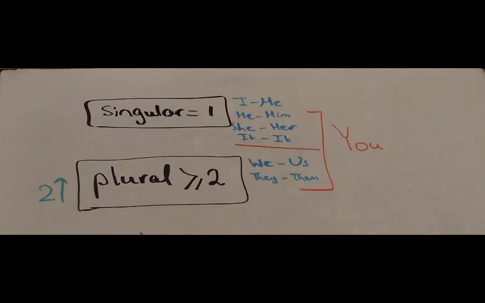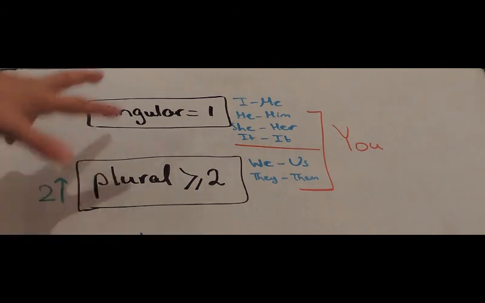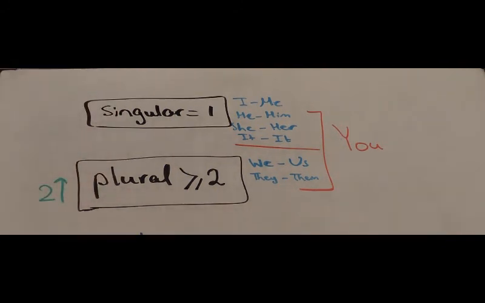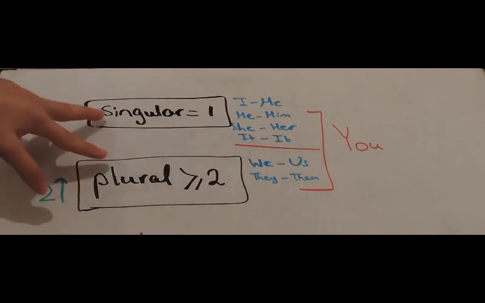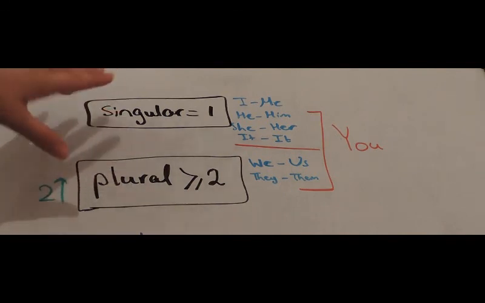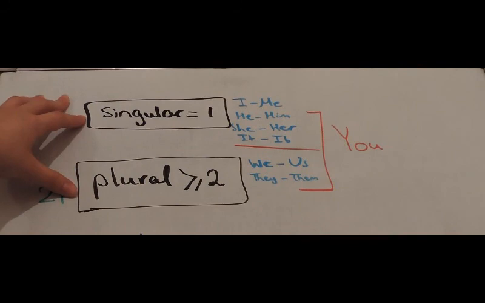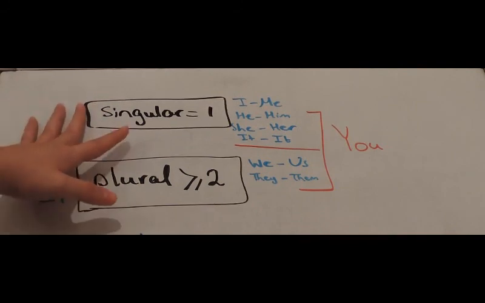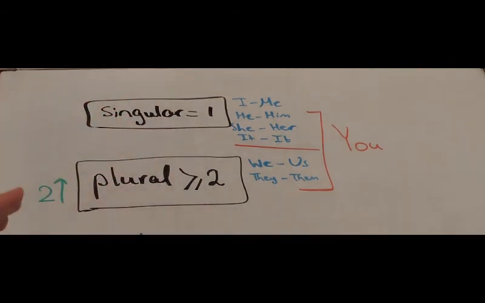Singular, as I put in this formula. So when I think of singular and plural, I keep those two formulas in mind, for those who like math. Okay, so I have singular and plural. I look at these formulas or equations. Singular is 1. Plural is 2 and above.